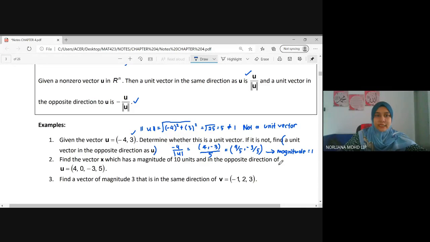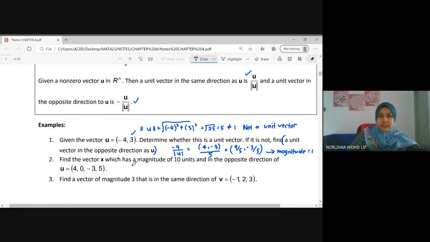Find the vector x which has a magnitude of 10 units and is in the opposite direction of u. We want to find the vector x with magnitude equal to 10.